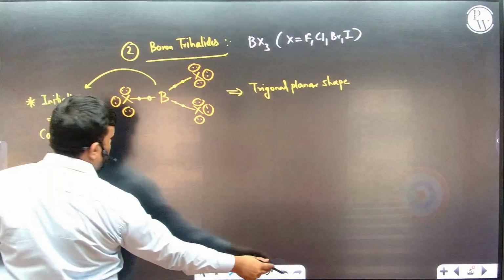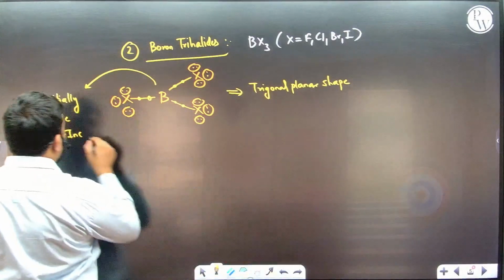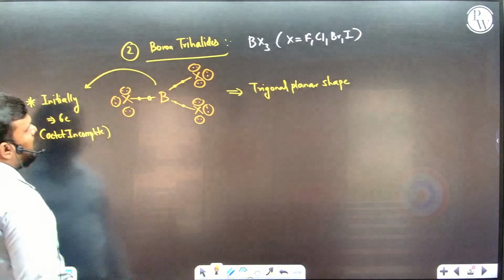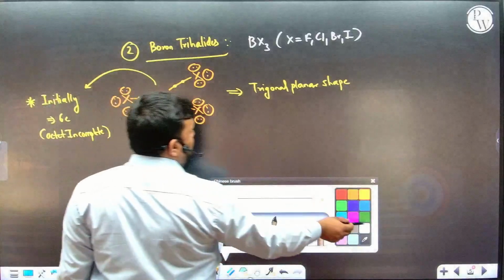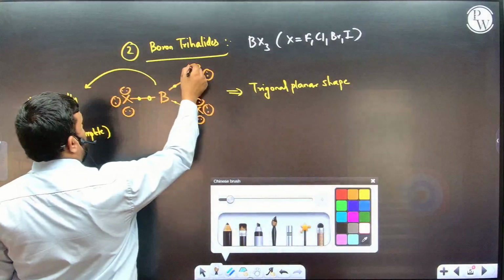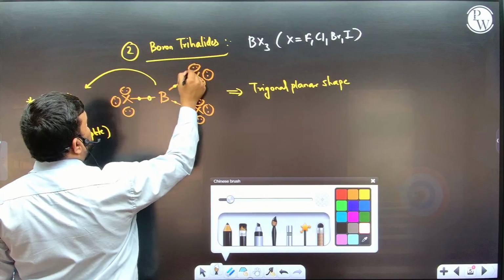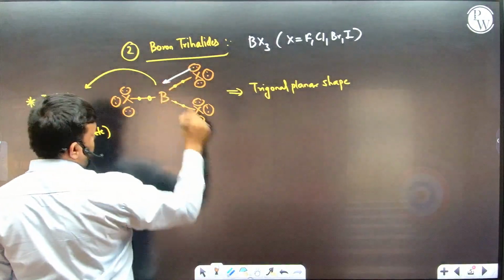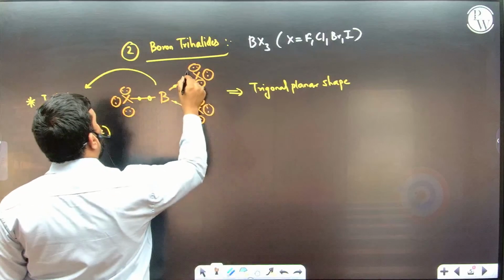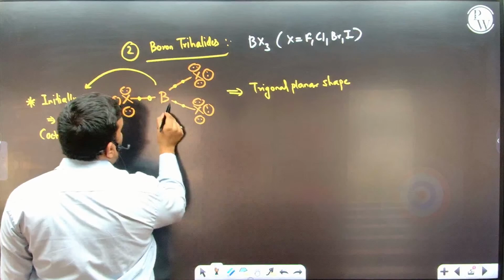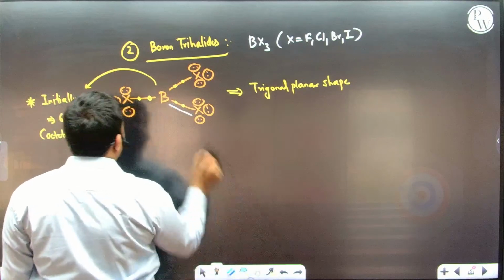So what to do to complete its octet? What can happen over here? See, this halogen, what can they do? They can provide the electrons in the form of a coordinate bond over here. So there can be a formation of coordinate bond either by this halogen or by this or by this.